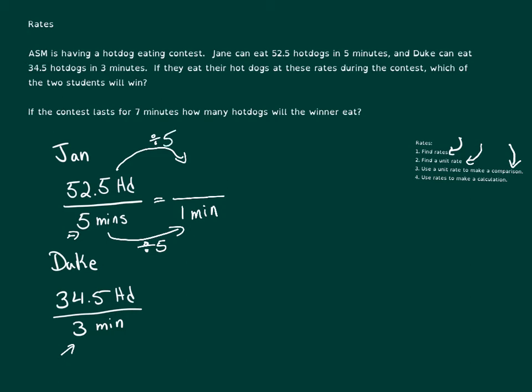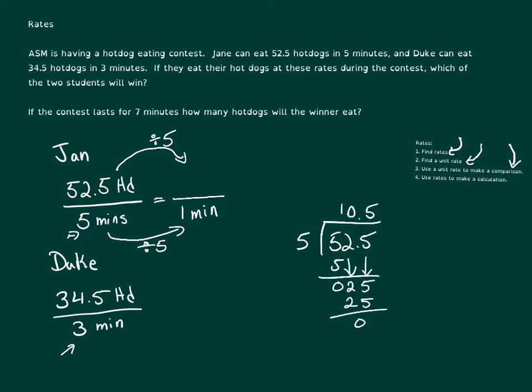Come over here and do some quick calculations. 52.5 divided by 5. And when I do that, I'm going to get that my answer is 10.5. So I know that Jane, I missed the E on her name, Jane can eat 10.5 hot dogs in 1 minute. Okay, let's see how many Duke can eat.